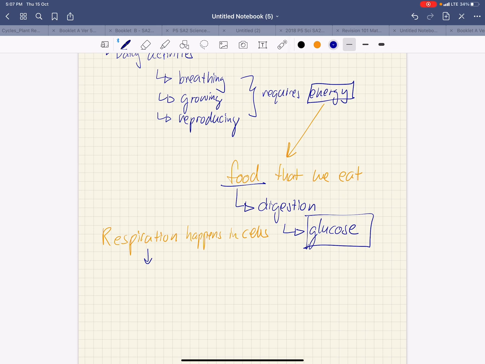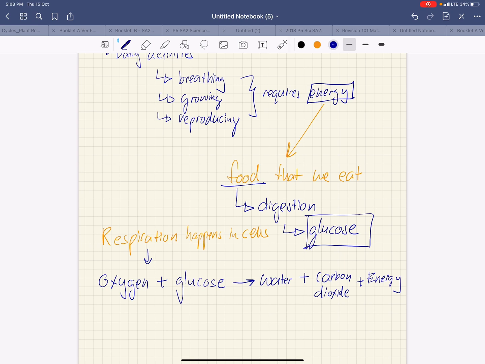In order for respiration to happen in your cells, you will need oxygen together with glucose, which will give you water, carbon dioxide, as well as, most importantly, energy.